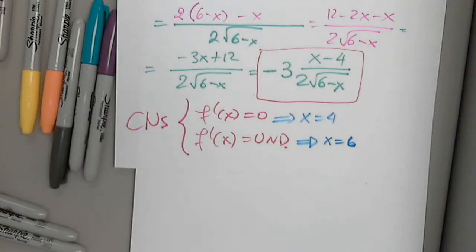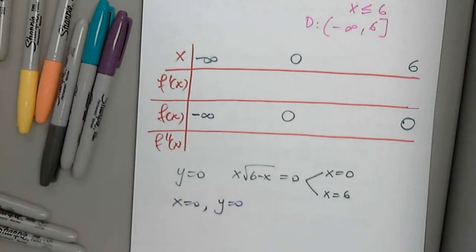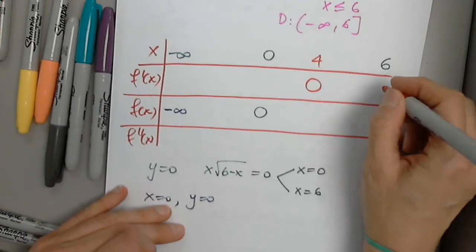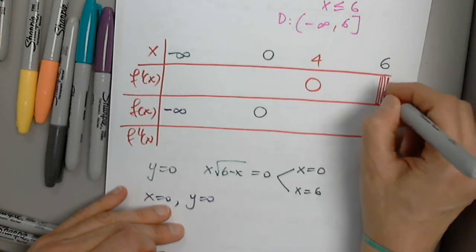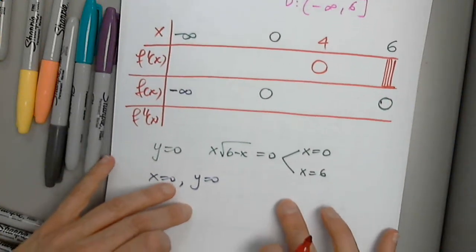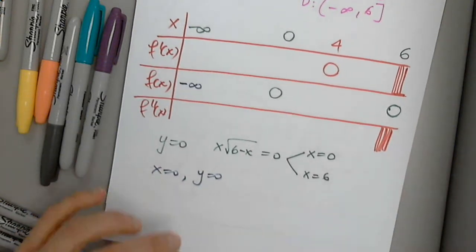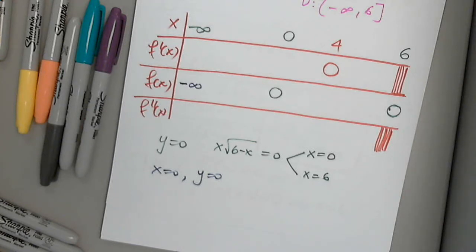Both 4 and 6 are critical numbers. Now I'm going back to the table. I will have to insert 4, put 0, and at 6, specify that it's undefined. If the first derivative is undefined there, all the other ones will be undefined as well. We are only interested in the second one.